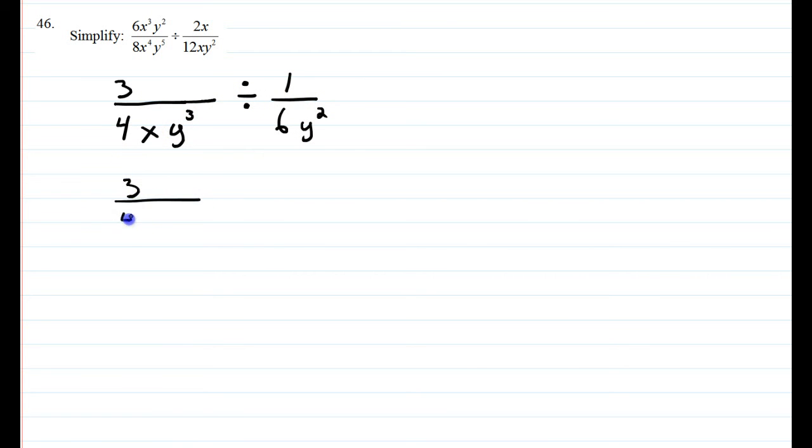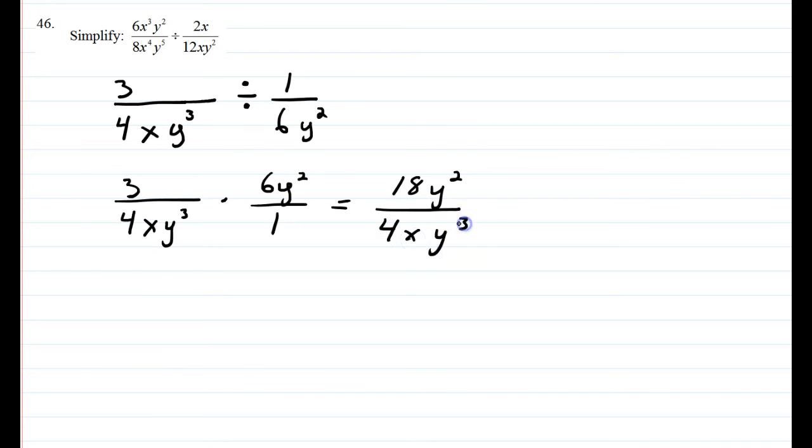So now we're going to multiply by the reciprocal, and so it's going to be 6y squared over 1. Now I'm just going to multiply across. I know that I could reduce the 6 and the 4, but I'm just going to go straight across and get 18y squared over 4xy cubed. I just like having everything lined up.